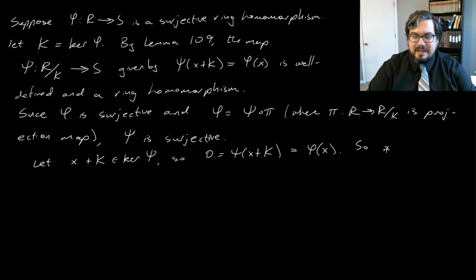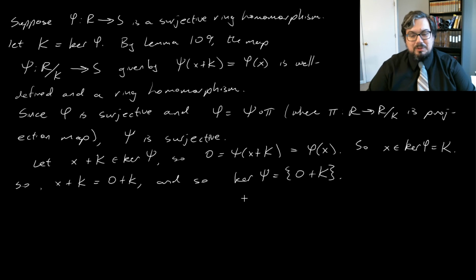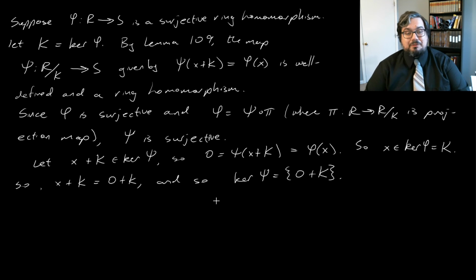So that means that phi of x is equal to 0, which means that x is in the kernel of phi, which is k. So that means that x plus k is equal to 0 plus k. And so that means that the kernel of psi consists of only the element 0 plus k, which is the 0 element of the ring R mod k.